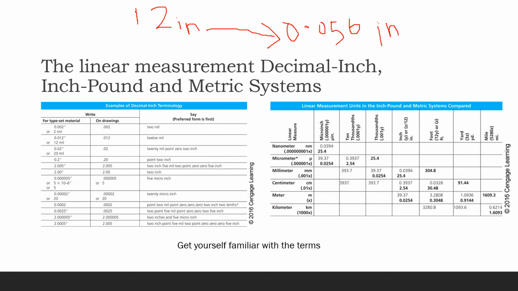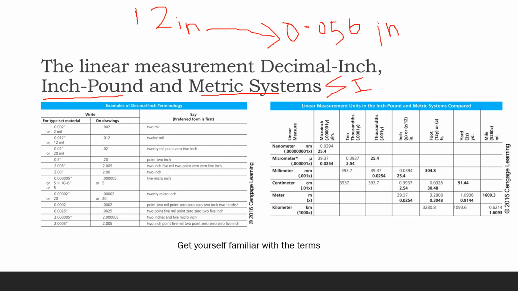We also have inch pound, because they are less than 1 pound, so you have inch and pound together, and the metric system. Inch pound is another word for the British system, and the metric system is our SI.